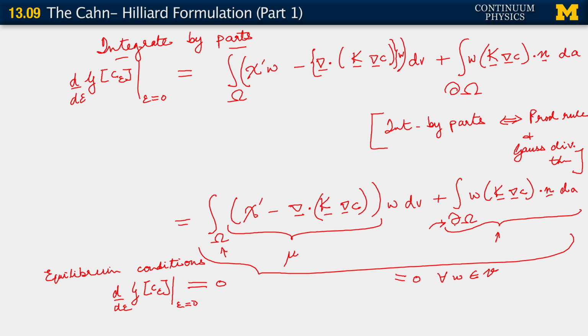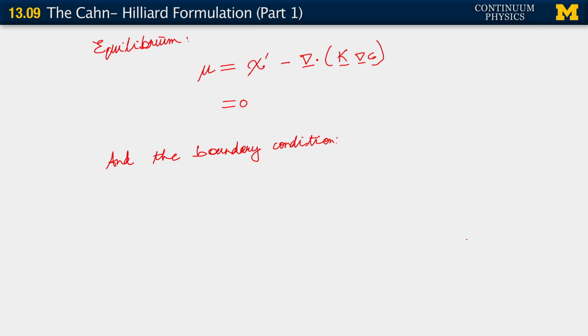So the requirement that the volumetric integral vanish is that mu equals 0, and that we've already written on the next slide. The requirement that the surface integral also vanish is the requirement that k grad C, the whole thing dotted with n, should be equal to 0 on partial of omega. All right.